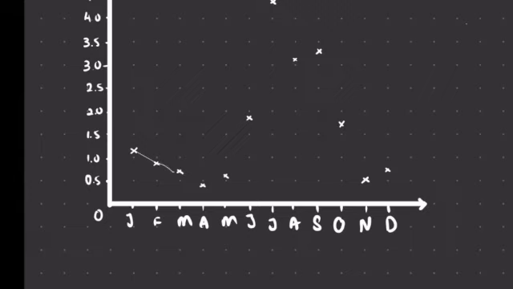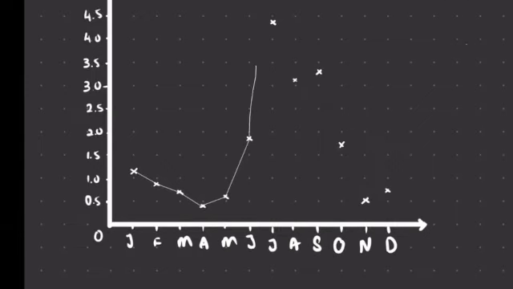Whenever you draw a line graph, or any graph that requires a straight line, or any particular line, it can be a curved line as well, you need to make sure that your line is very thin, so that when you want to estimate anything, we can just use this because it's an accurate drawing of the line.